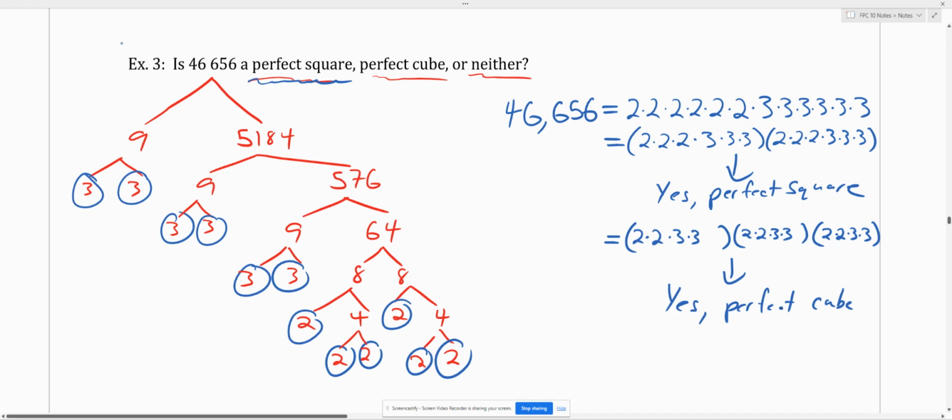All right. That concludes our 2.4 lesson. So what did we do? We used prime factorizations to understand whether or not a very large number is a perfect square or perfect cube.